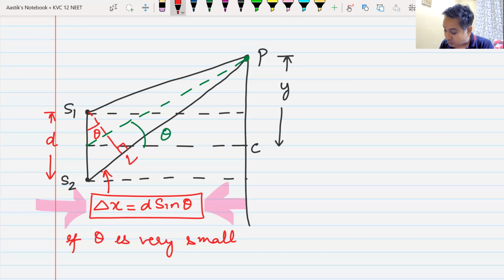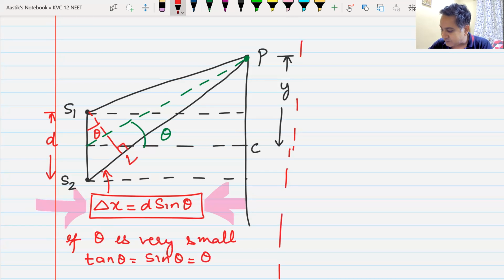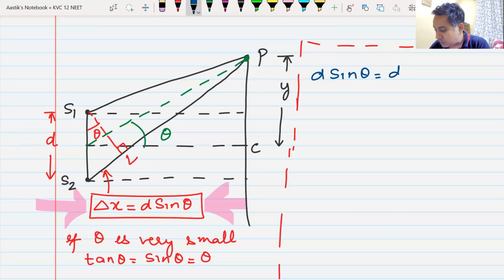If theta is very small, your tan theta becomes equal to sine theta becomes equal to theta. We know this, yes or no? If theta is very small, I can take sine theta equal to tan theta equal to theta. Yes or no? Yes, sir. Then my d sine theta, which is the path difference, becomes equal to d tan theta. Yes or no? Instead of sine theta I have put tan theta.